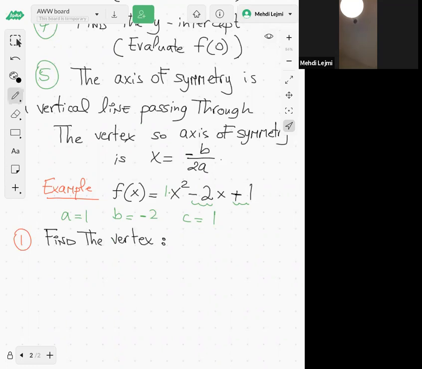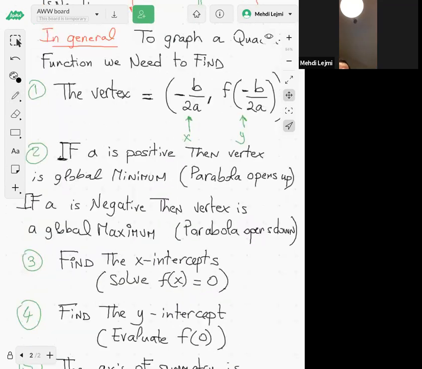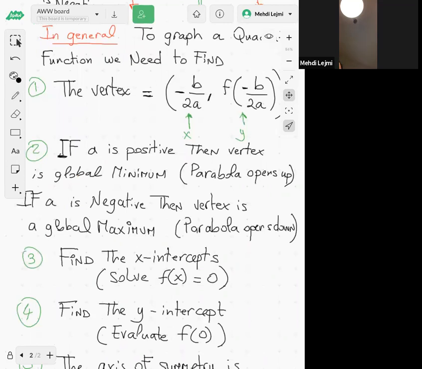So how do we find the vertex? As I said, we have a formula. The x coordinate of the vertex is minus b over 2a.